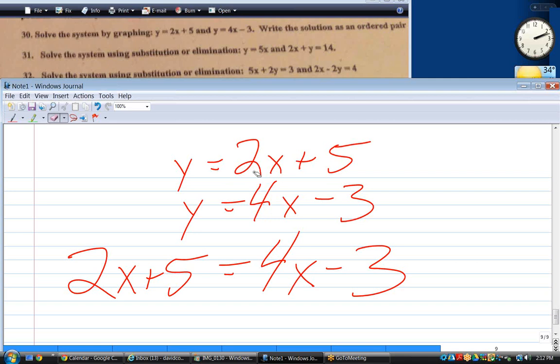This is more of a set of questions they would give you and have you solve graphically. But nonetheless, they may give you a question like this and say solve it algebraically. Just remember that tip: if you have both equations already defined as y equals something, then you can just set the first something equal to the second something. Now solve this equation.